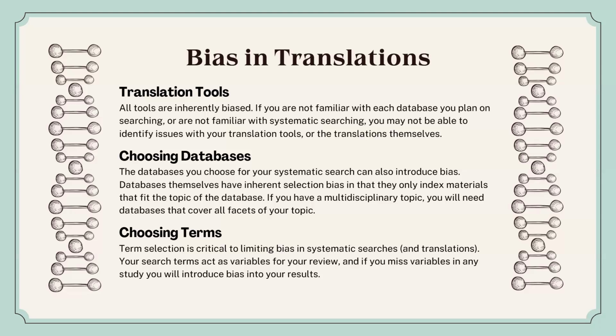This is really more geared toward evidence syntheses and systematic reviews, where you have to be very careful with your term selection and making sure you're translating those properly to reduce bias. With literature searching, it's not quite as instrumental, right? You're not really worried that much about bias. You're trying to find the best articles, while these types of searches are trying to catch everything that's out there.